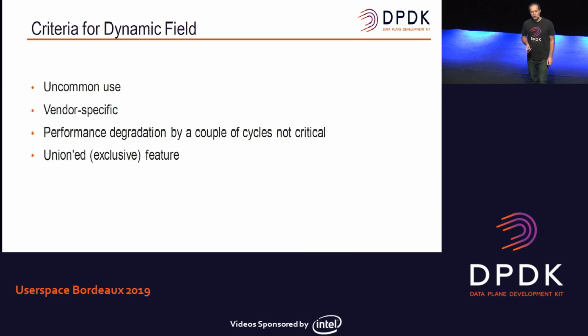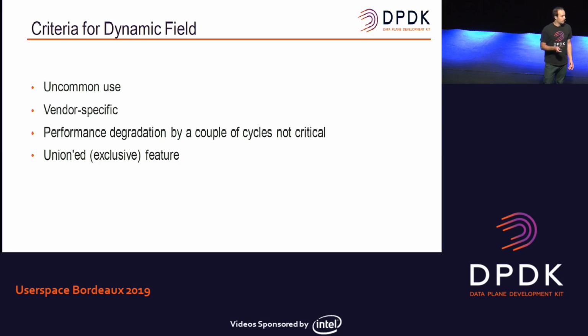Okay, what is the candidate to move a field from static to dynamic? At first, it should be a field which is not used so often, or it can be a field which is very vendor-specific. With this new change, it is more allowed to have vendor-specific fields. So that's another improvement.